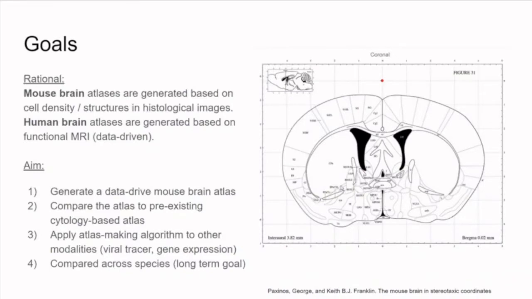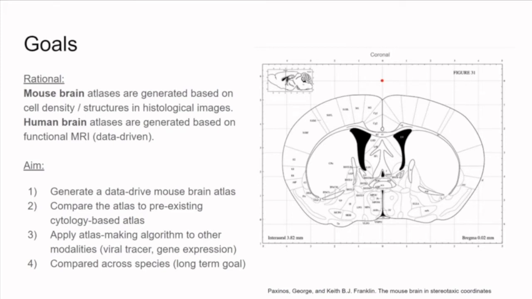When we actually do atlasing, there are two different ways, and traditionally it's been done using histological analysis, looking at cell densities, so how many neurons there are and how they're packed, and that's how we got these beautiful yet slightly boring atlases. But when you work with humans, unfortunately, tissue is not as available because somehow humans don't want to part with their brains, at least not when they're alive.